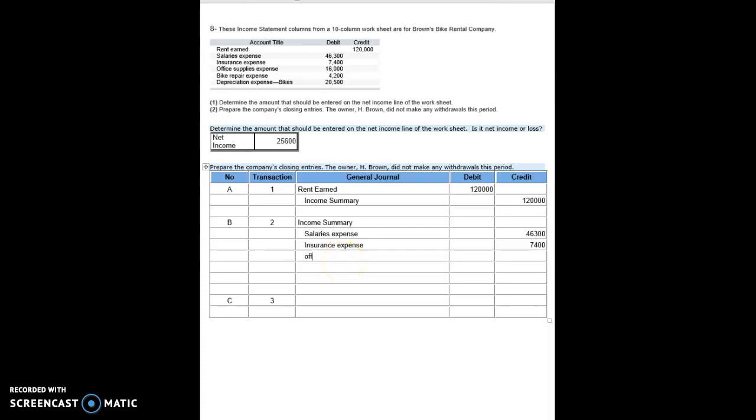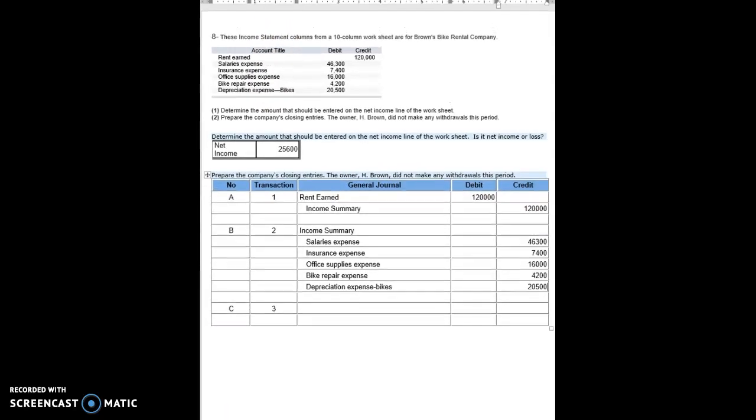We have office supplies expense of $16,000. Bike repair expense of $4,200. And depreciation expense for bikes of $20,500.